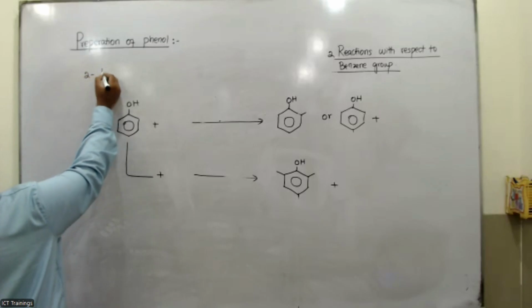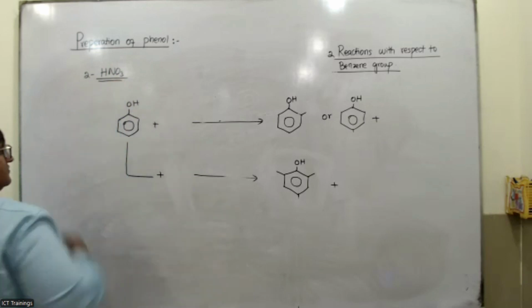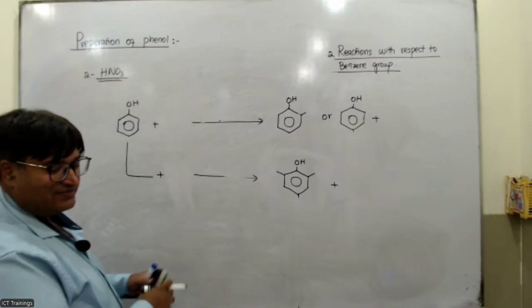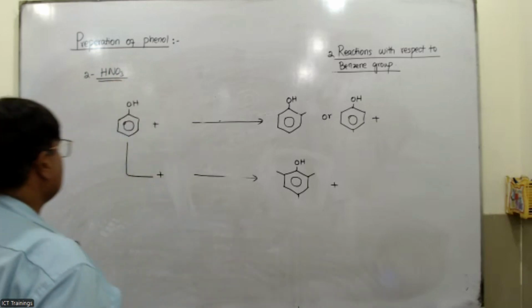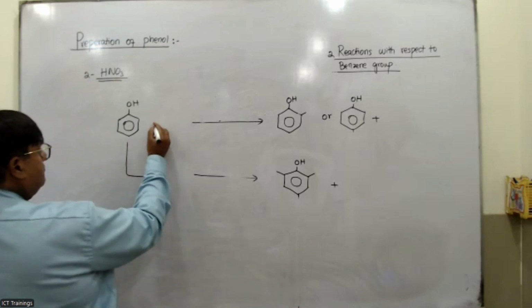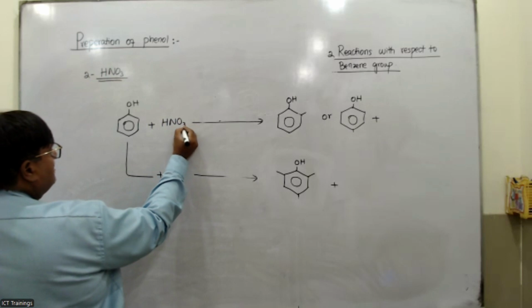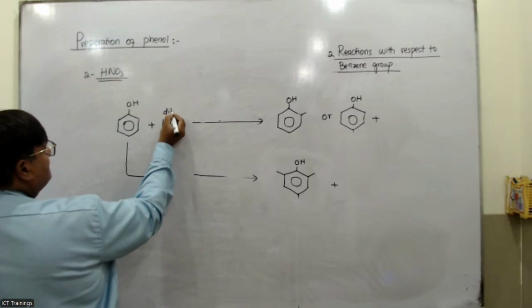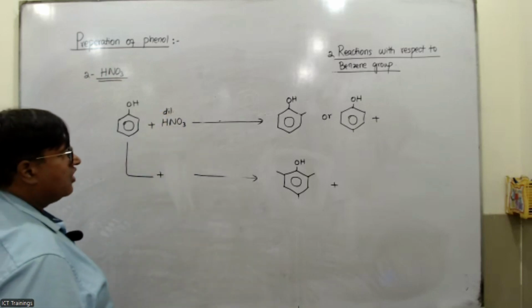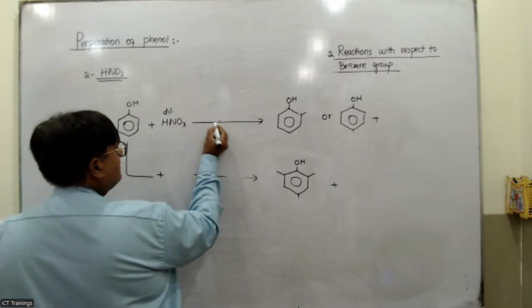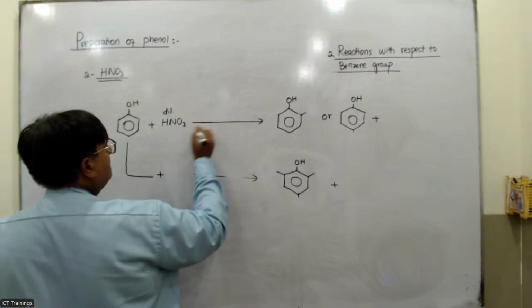second reaction of the phenol, that is with nitric acid. So nitric acid, my dear, would react with the phenol in two ways. If you got the nitric acid HNO3, and the nitric acid is dilute, what would happen, beta?